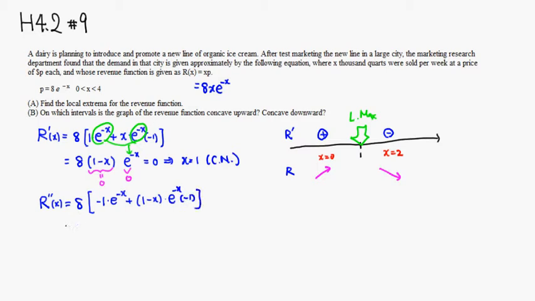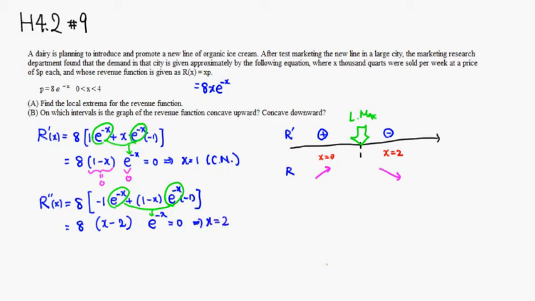If you simplify that, you get 8, and again you pull out the e to the negative x. What's left is positive x minus 1 and another one, so minus 2. Set that equal to 0, and of course x equals 2.